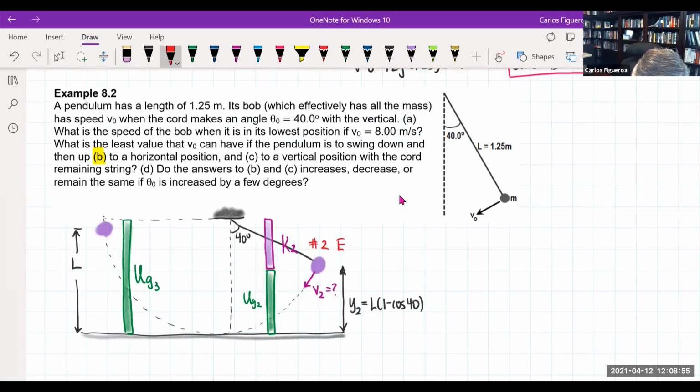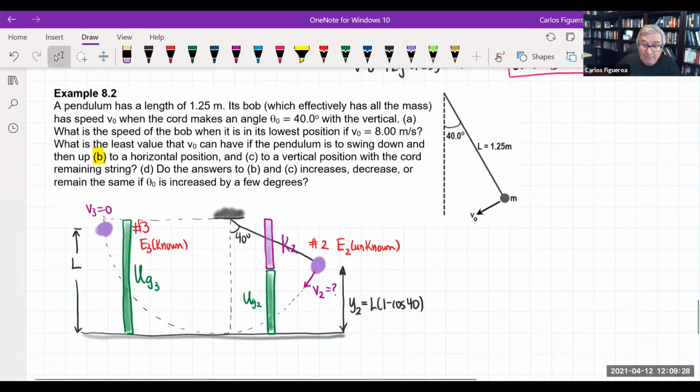So this guy 2 is my unknown. And then energy state number 3: if it gets up to that point, we assume that at this point, V3, if that's where it stops, it has to be at rest. So this guy here must be my known energy. So now I can compare those two together.